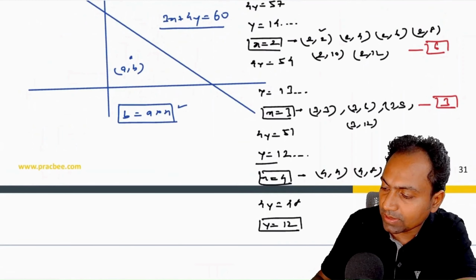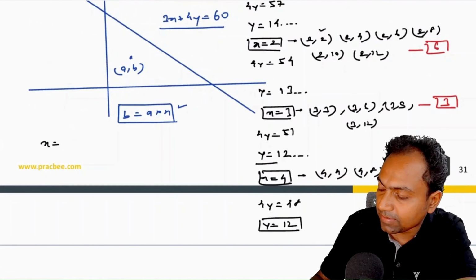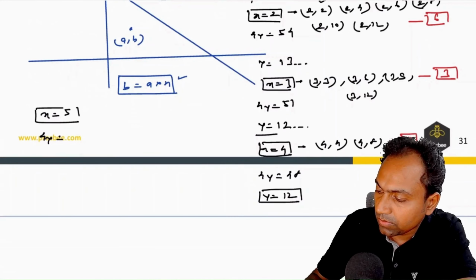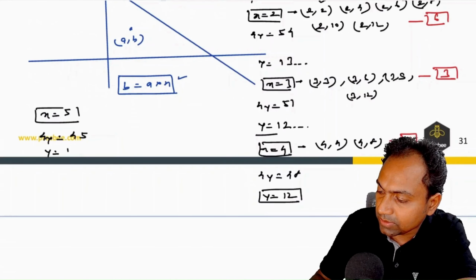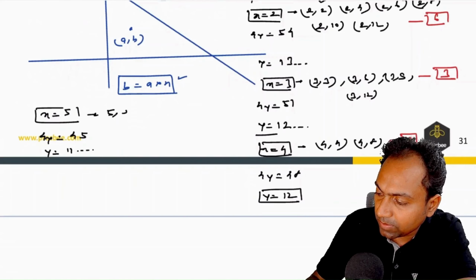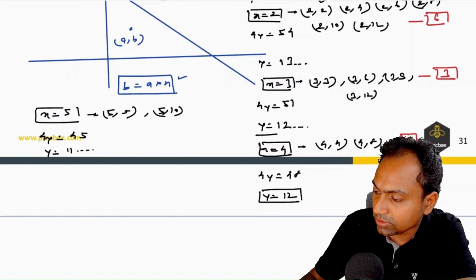Now if I move further and put the value of x as 5, my 4y is 45, and the value of y becomes 11 point something. So the possible points become 5 comma 5 and 5 comma 10. So there are 2 points corresponding to this.